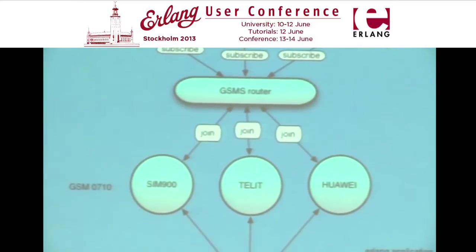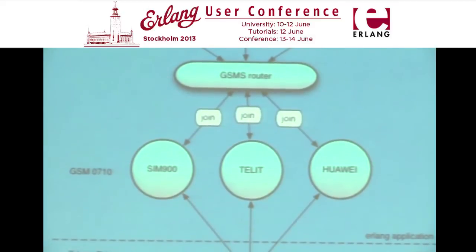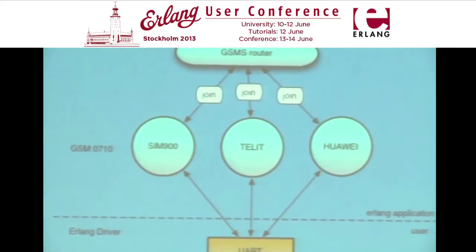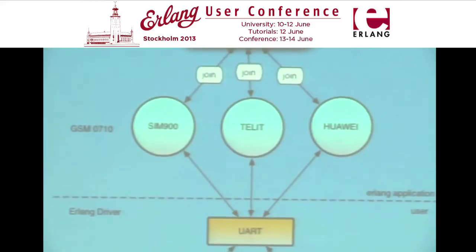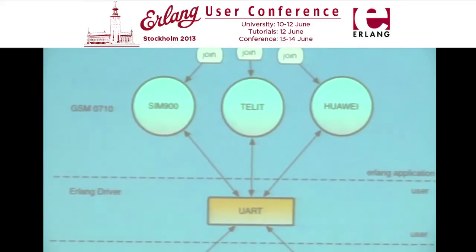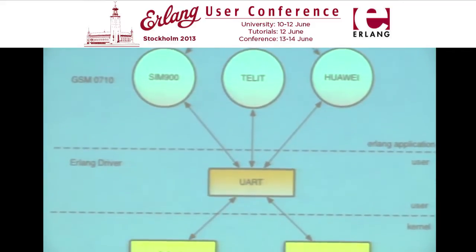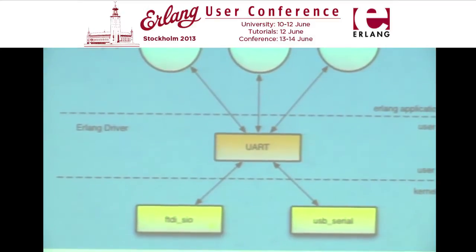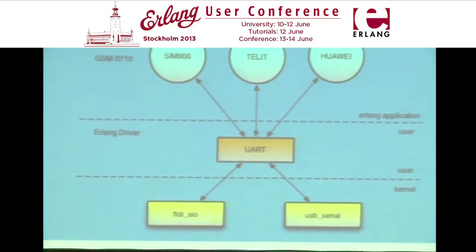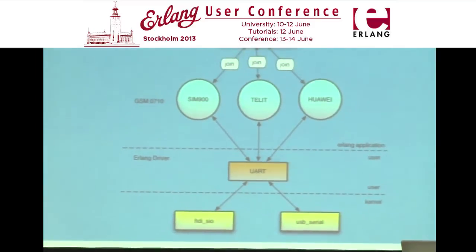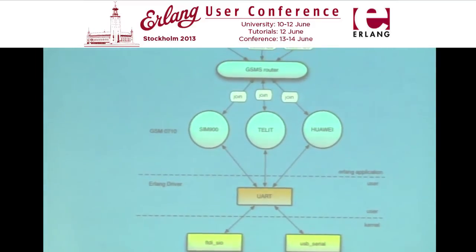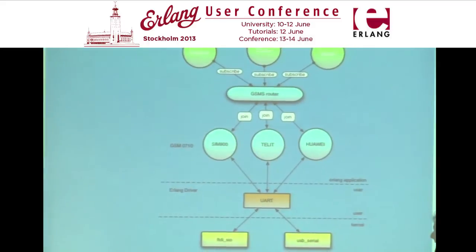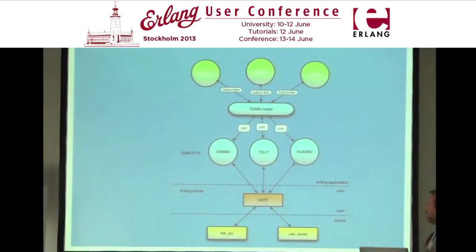And from the other side, you have the provider interfaces, and they consist of different kinds of GSM 07.10 implementations for various modems. And going further down, you have the UART application, and below that you have different kinds of kernel modules that will support that.